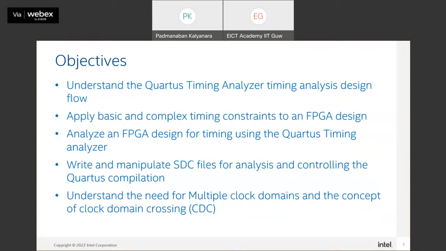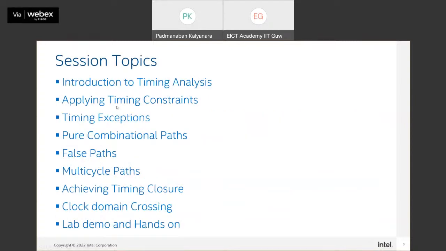And then what are the session topics that are planned? So I will just show that also to you. We are going to understand introduction to timing analysis, applying basic timing constraints and timing exceptions. That is, what is the way to constrain pure combinational logic paths, false paths, multi-cycle paths, achieving the timing closure.